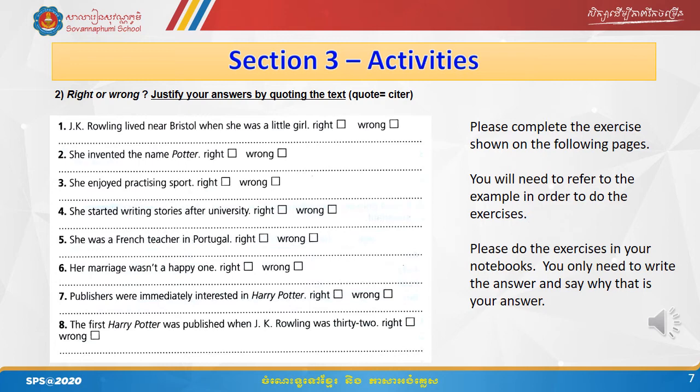You will need to refer to the sample biography in the previous page that we just read in order to get your answers. You do not need to write the statements in your notebooks. Please just write the answer right or wrong and say quickly why you believe the answer is right or wrong.